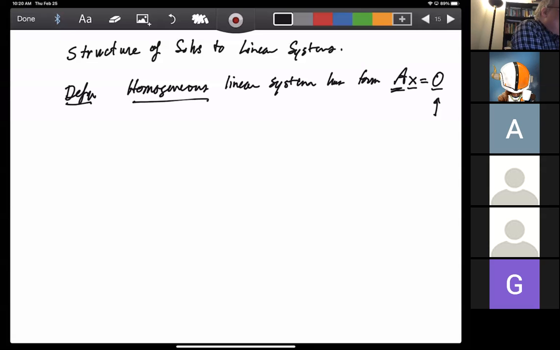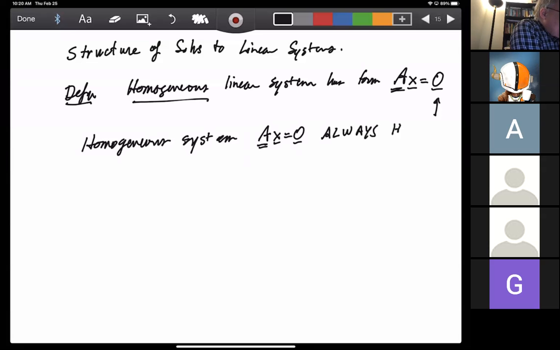Now, there's always a solution to a homogeneous system. Matrix times the zero vector is going to be the zero vector.